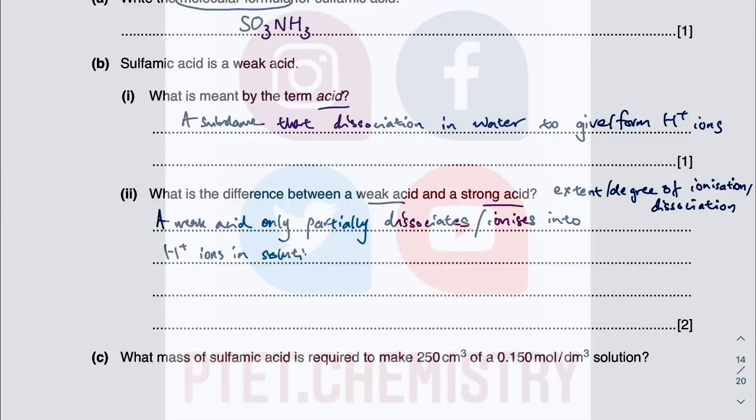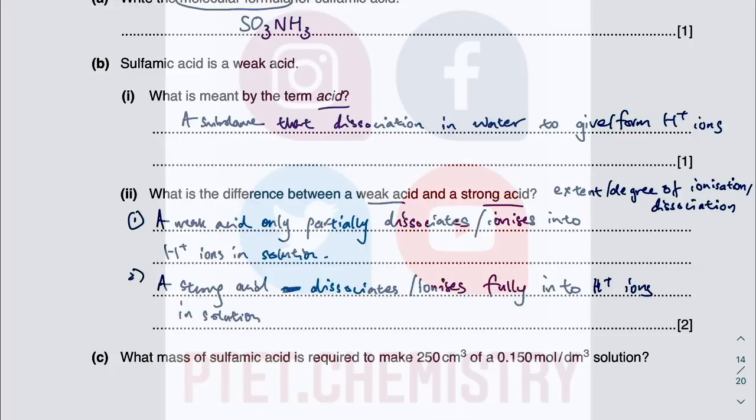Meaning in water. But a strong acid, this is basically just the definition really. A strong acid dissociates fully or ionizes, whichever word you like to use, but the key thing is full dissociation into H plus ions in solution.